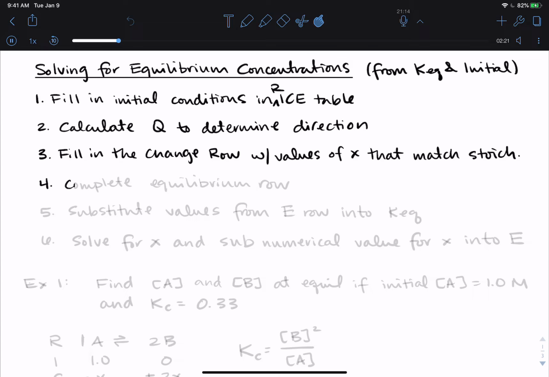Then complete the equilibrium row. Then you will substitute values from the equilibrium row into the equilibrium constant expression.